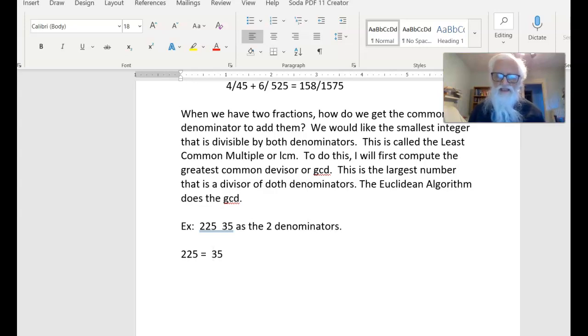Now it looks to me like 7 is too much. 6 5's are 30. So I think it's plus 10. Now what I do is shift everything over. I take the 25 and I go with the 10.